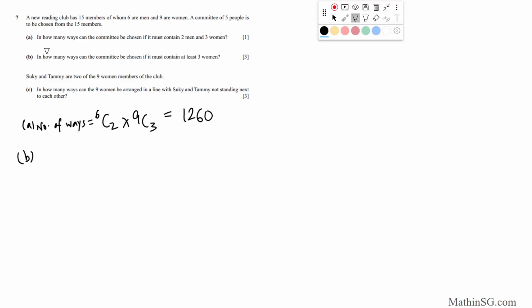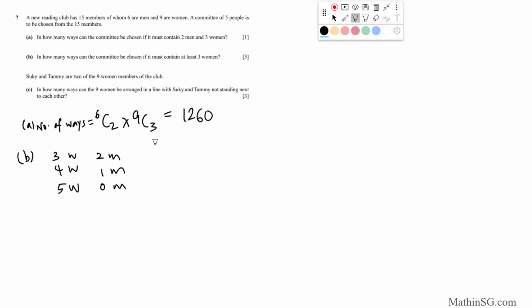Moving on to B, in how many ways can the committee be chosen if it must contain at least 3 women? So you have 5 people, so you can have 3 women, 2 men, then 4 women, 1 man, or 5 women, 0 men. We have already found the number of ways to have 3 women.